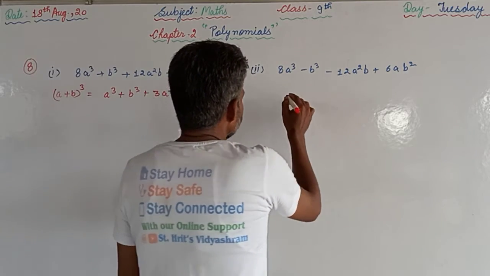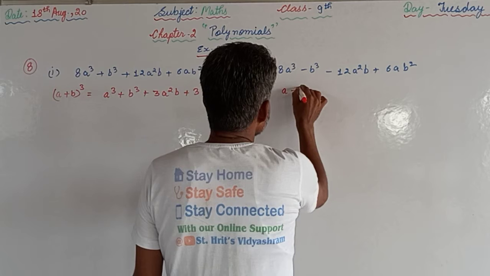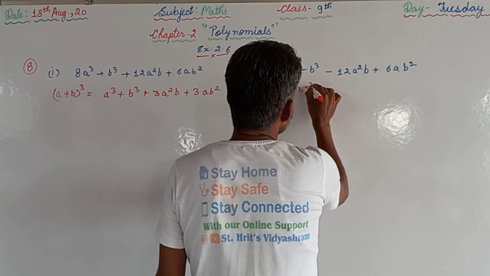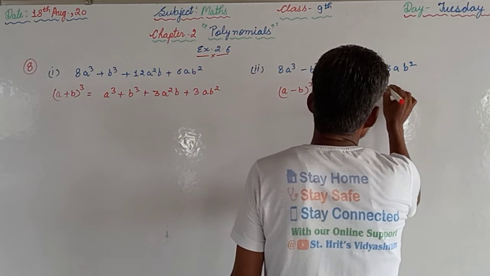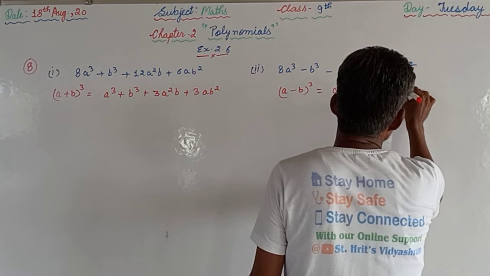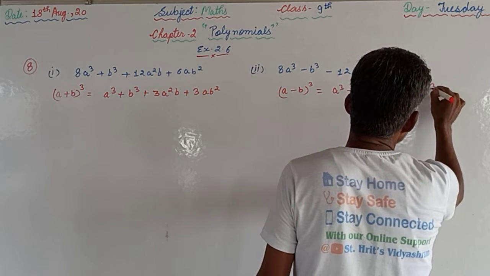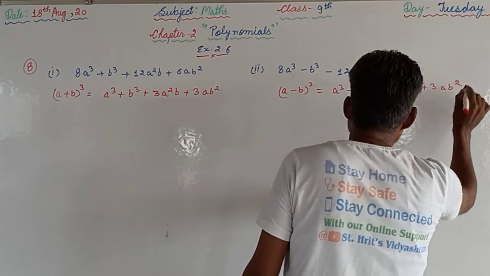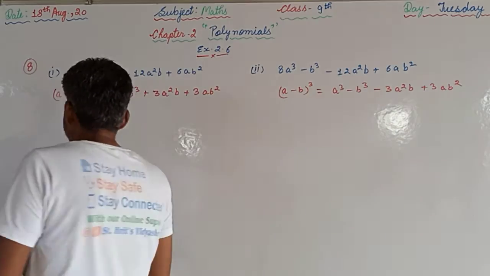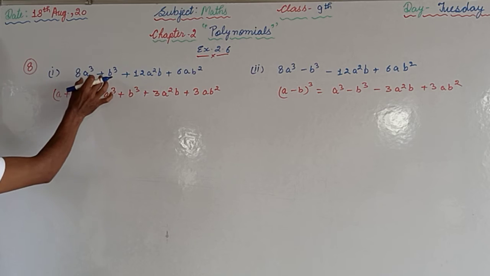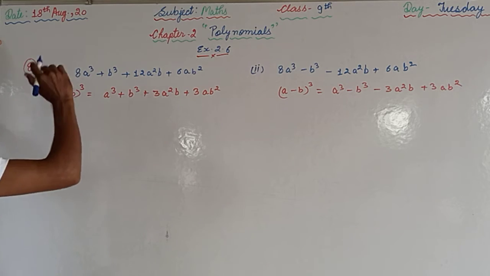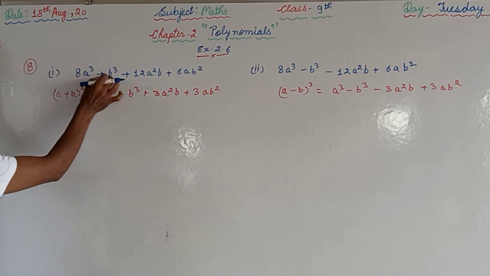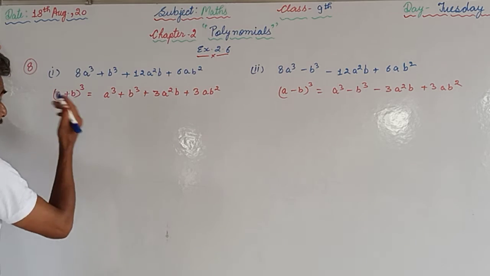At the same time, one more identity is there, (a minus b) whole cube, and that is a cube minus b cube minus 3 a square b plus 3 ab square. So first of all we are supposed to select the perfect cubes. This is the perfect cube, this is the perfect cube. So we will rewrite it again.